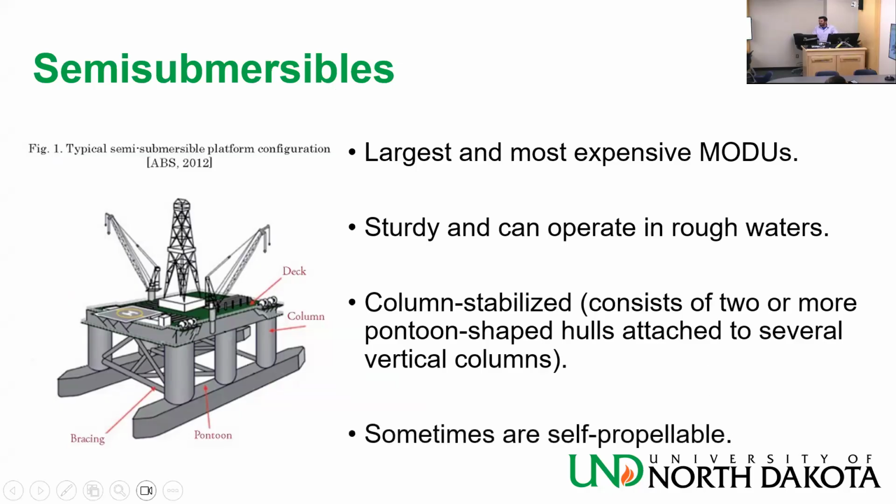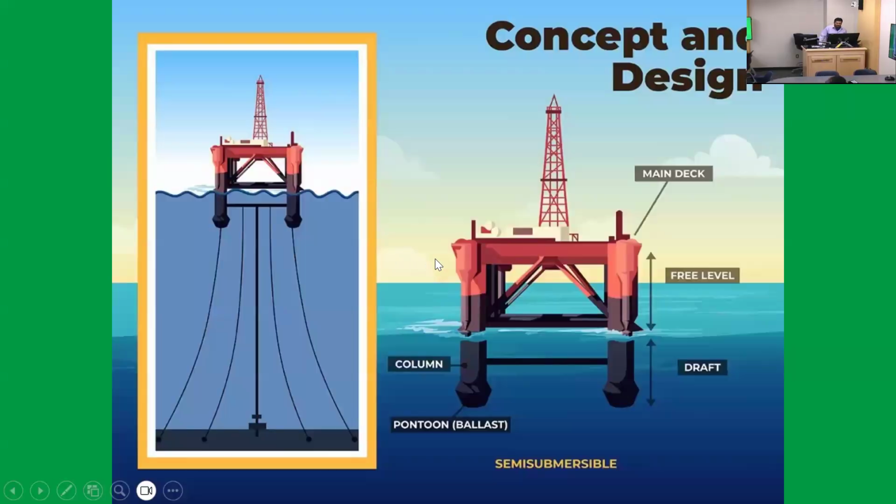Sometimes they are self-propellable, but they are not going to be going very fast. Other times they are carried on ships, like I said earlier, bigger ships in this case than with a jack-up rig.